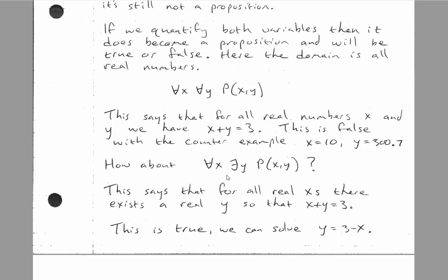How about this combination? For all x, there exists a y, so that p of x comma y. We've quantified all the variables, so this is a proposition. And what's it saying? For all real x's, there exists a real number y, so that x plus y equals 3.